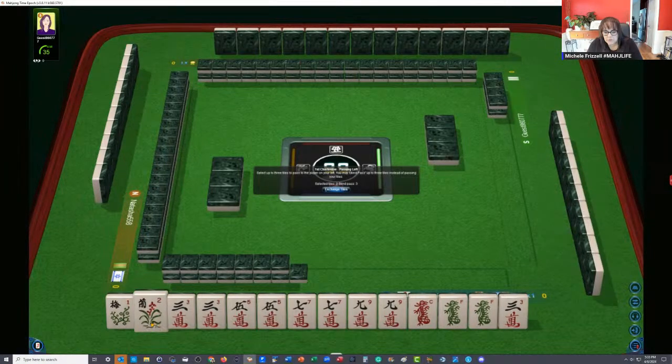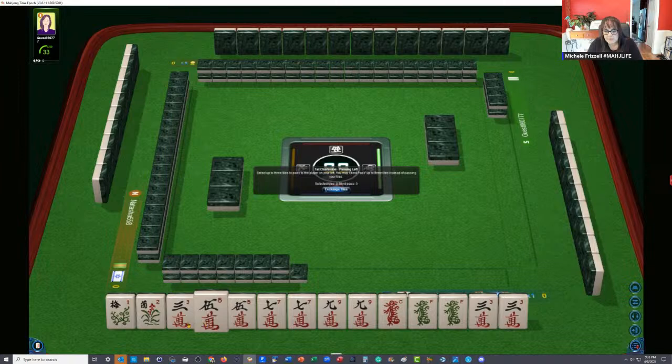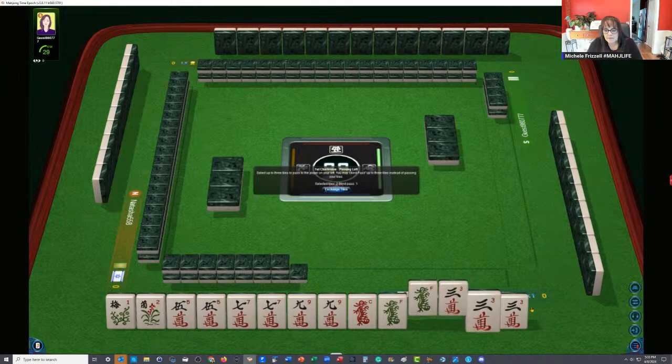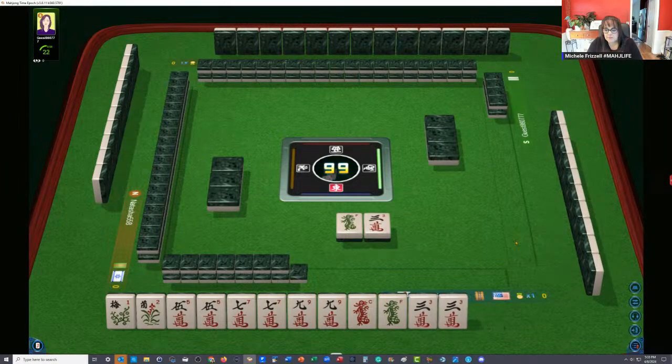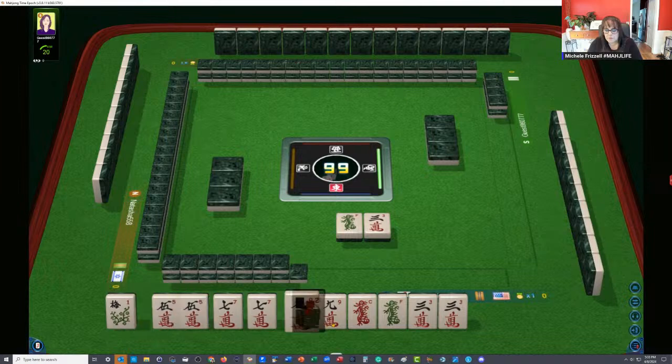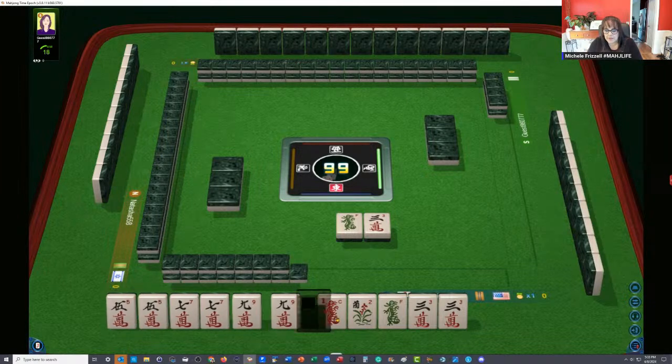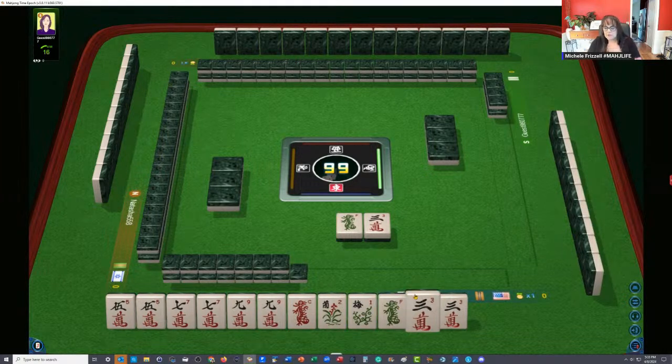We are going to need to pass a dragon and a 3. I would not pass a pair here. 5, 7, 9 dragon. We'll pass 1 blind and hope that we get a tile we can pass with the 3 and the dragon.